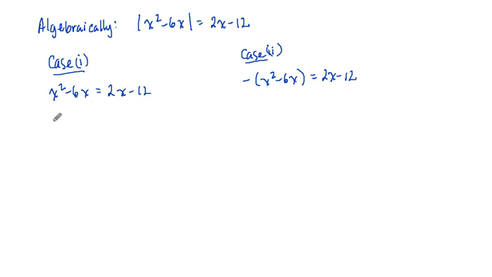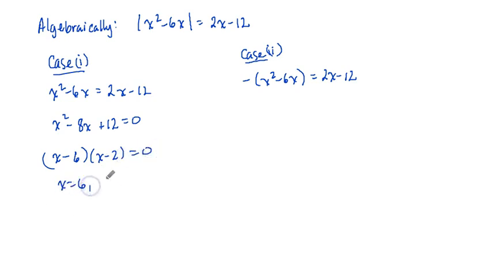In the first case, I rearranged that quadratic equation. X squared, bring over that 2x and subtract it, I get minus 8x plus 12 equals 0. So I've got x minus 6, x minus 2, a little bit of a brain freeze there for a moment. And we've got x equals 6, x equals 2.